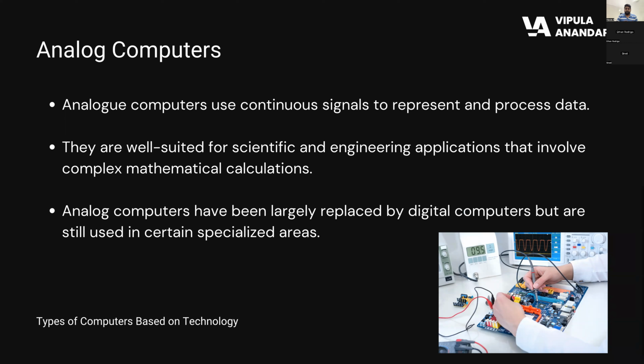Okay, so digital input, we all know it's the digital stream of data, but here it will be a different signal, and it's going to be a continuous signal so that it will represent data in a different way. So that is about analog computers, where you basically used to capture some actual data.